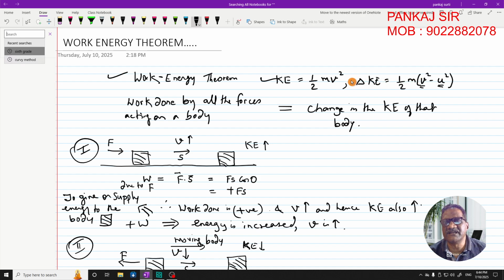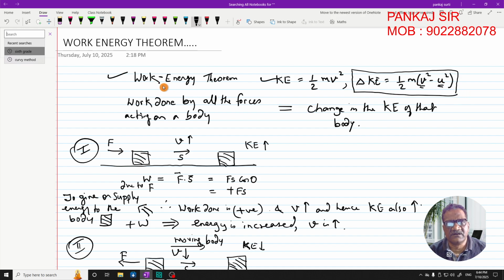And the change in kinetic energy is delta KE equals half times m, in the bracket v square minus u square. v is the final velocity, u is the initial velocity. So you know what is the kinetic energy of a moving body of mass m.